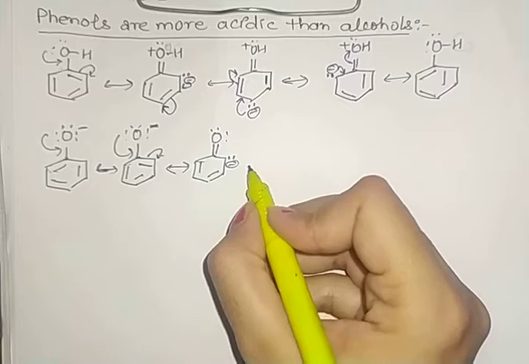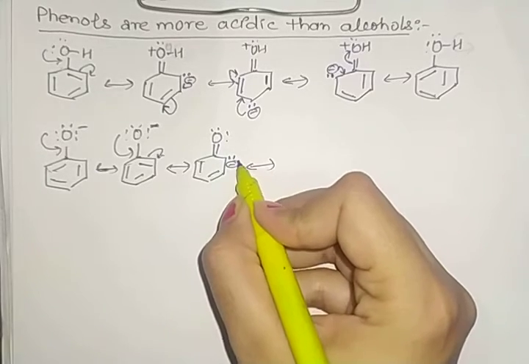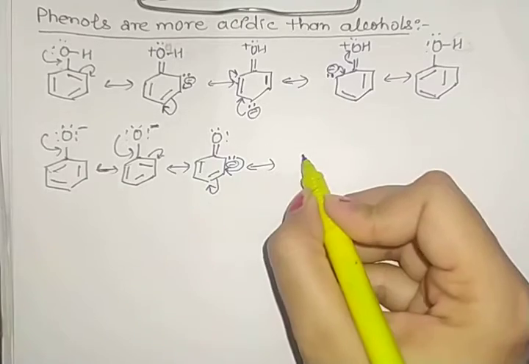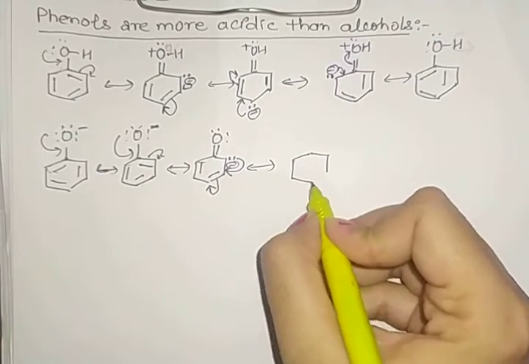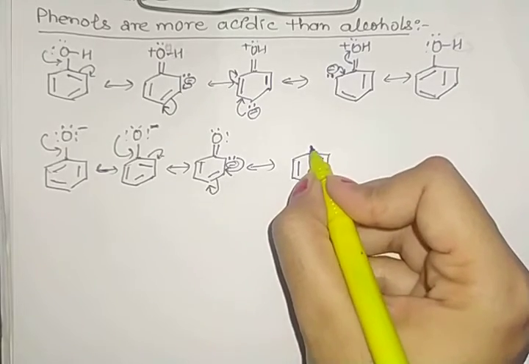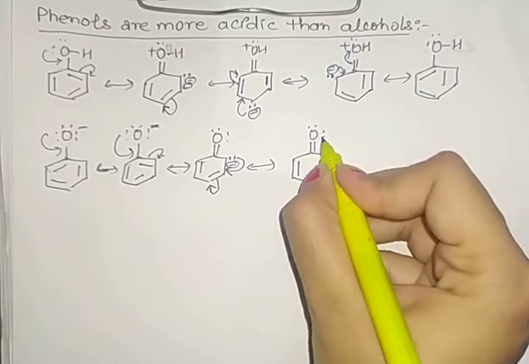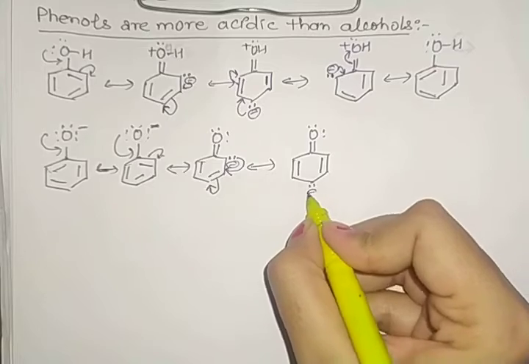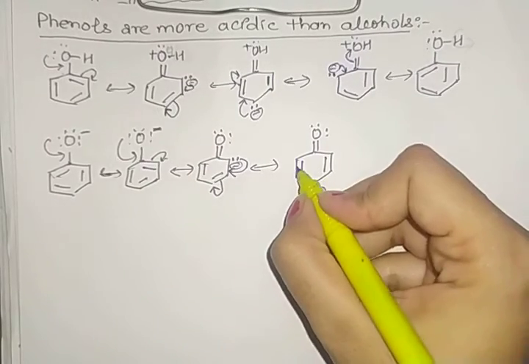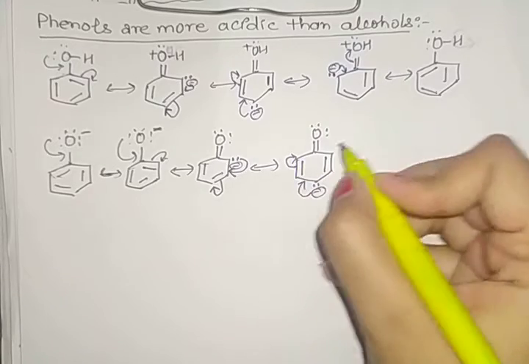So the next structure: now these electrons go to this side and this electron goes to this position. So we have a double bond here, and a double bond here. Next, here we have a pair of electrons with a negative sign. In the next step, this goes to this position and the electrons of this double bond go to this carbon.